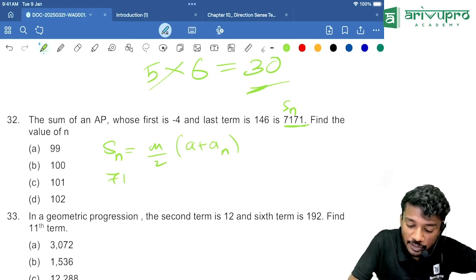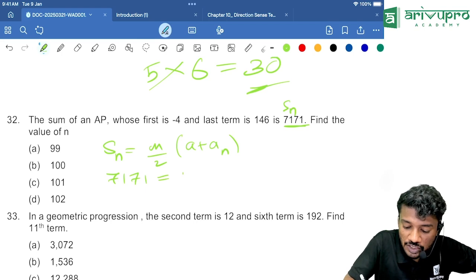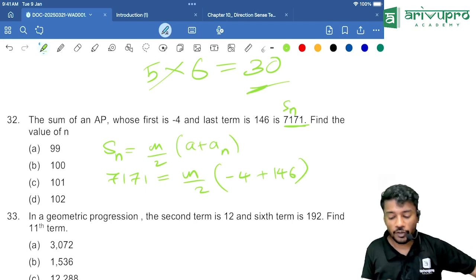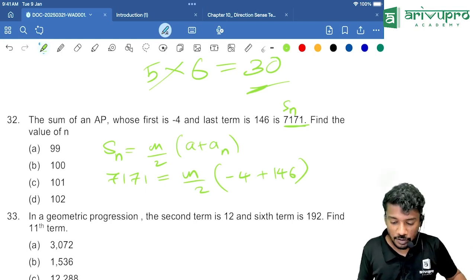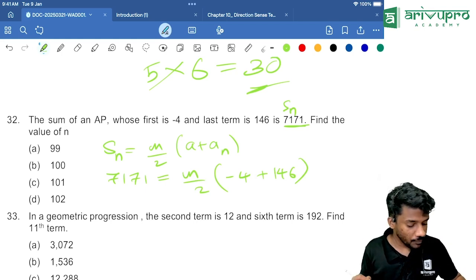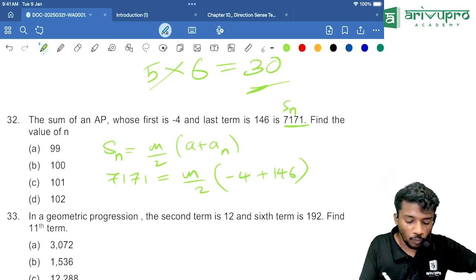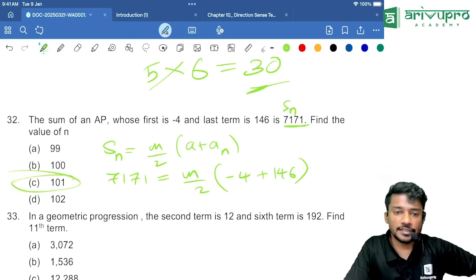Sn is 7171, which is equal to n by 2 into -4 plus 146. So n equals 146 minus 4 divided by 2, multiplied with 7171. How much is the answer? 101 is the answer. Did you get the point?